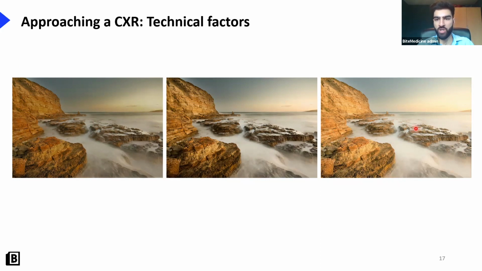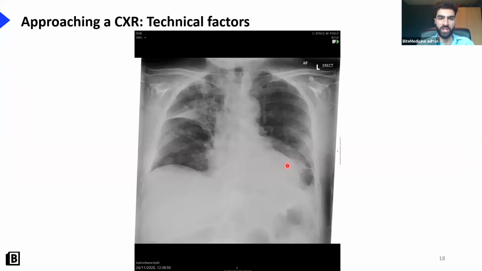If you overexpose and let too much light get through, your image appears too bright and you can't really distinguish different features from each other. If you have too little light going through the camera lens, then it appears dark, and again, you can't properly distinguish the finer details. But the middle one is just perfect. And that's the idea of exposure. Technical factors done.